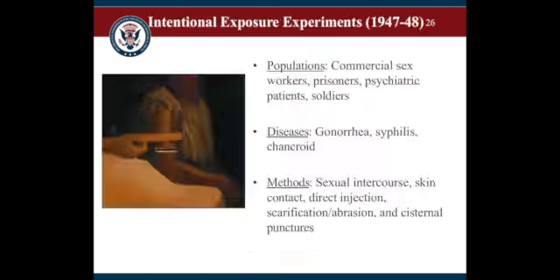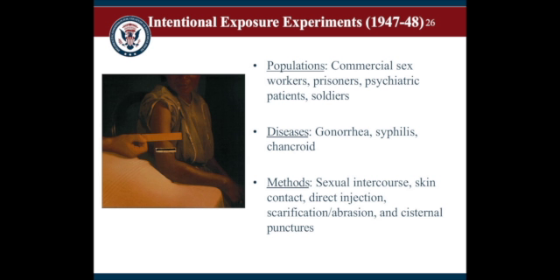In the briefest of overviews, the U.S. Public Health Service, in concert with many Guatemalan officials, conducted federally funded research in Guatemala from 1947 to 1948, which included intentionally exposing several vulnerable Guatemalan populations to STDs to test methods to prevent the spread of those STDs, as well as proper penicillin dosages for their treatment.